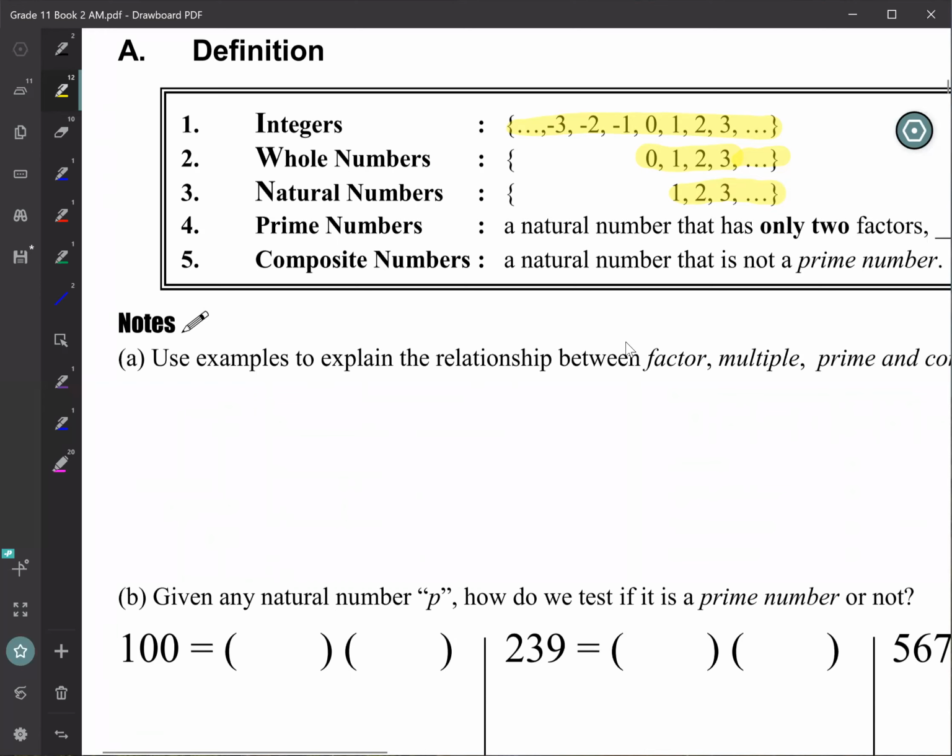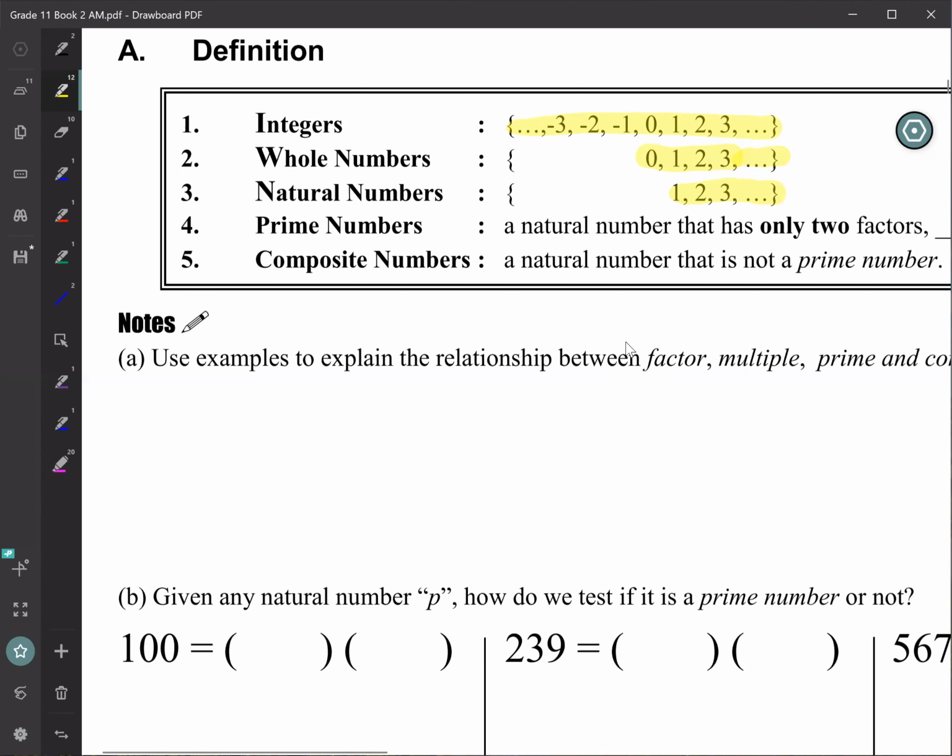I will count 1, 2, 3, 4, 5, 6, 7. There are 7 students in this class. I won't start by counting 0 students, 1 student. That doesn't make sense. If it's 0, I don't need to count. It's not even there. So naturally, if you want to count, it's always 1, 2, 3, 4. That's one way to remember.